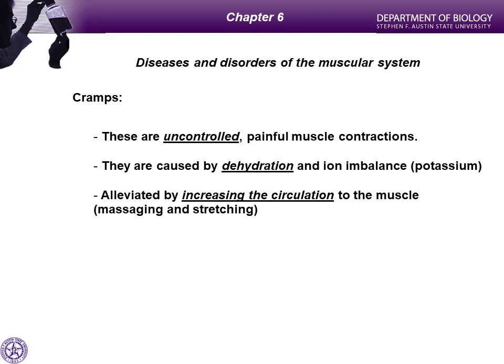And invariably, they're going to make you drink. And depending on your state of hydration, you may have to get an IV, which again is going to be the quickest way to get the fluid into your bloodstream to then get it to your muscle. But hopefully you can be hydrating plenty before we ever get to the point of the cramping.